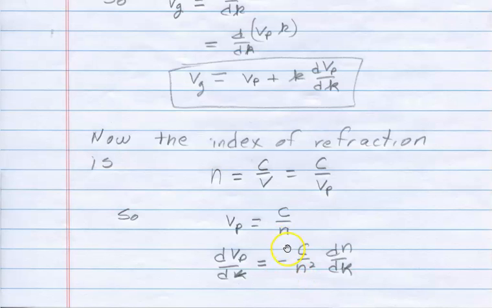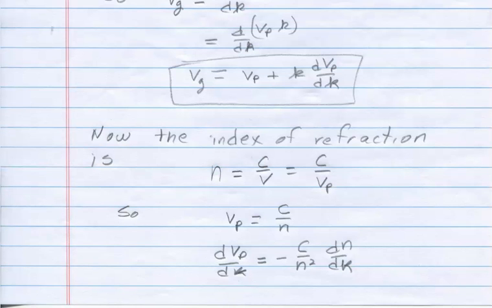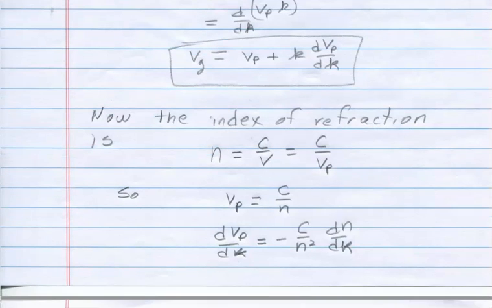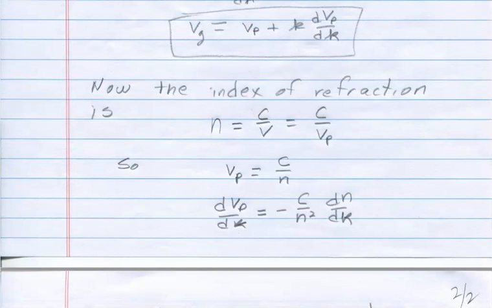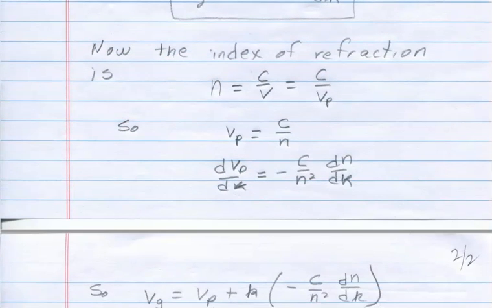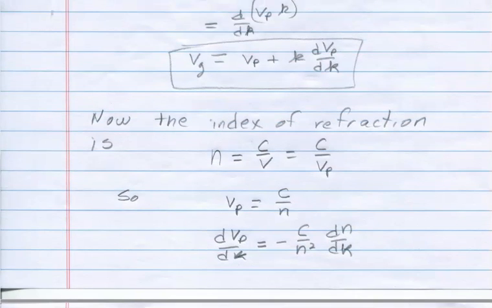Differentiating this, c is just a constant, so we get minus c over n squared times dn dk, using the chain rule, assuming that n could depend on k through dispersion and have some wavelength dependence, which we know it does in general for most media, but not for the vacuum. And you just plug that in to the equation above, dVp dk, and replace it with this.